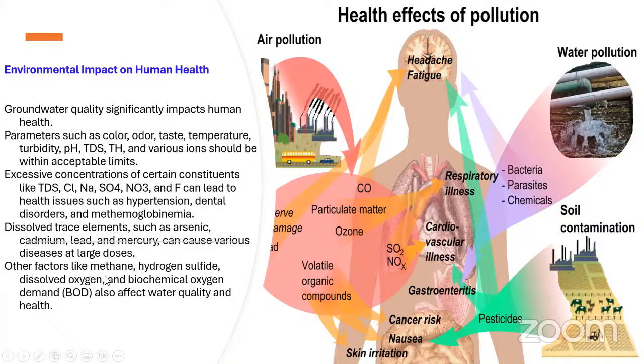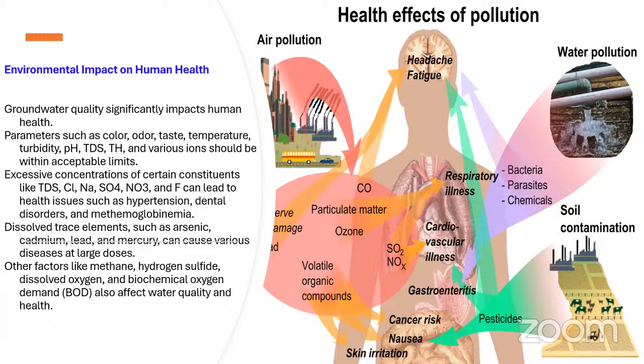And other factors like methane, hydrogen sulfide, dissolved oxygen, and biochemical oxygen demand (BOD) also affect water quality and human health. Like that, these are the main environmental effluents which may affect human health.